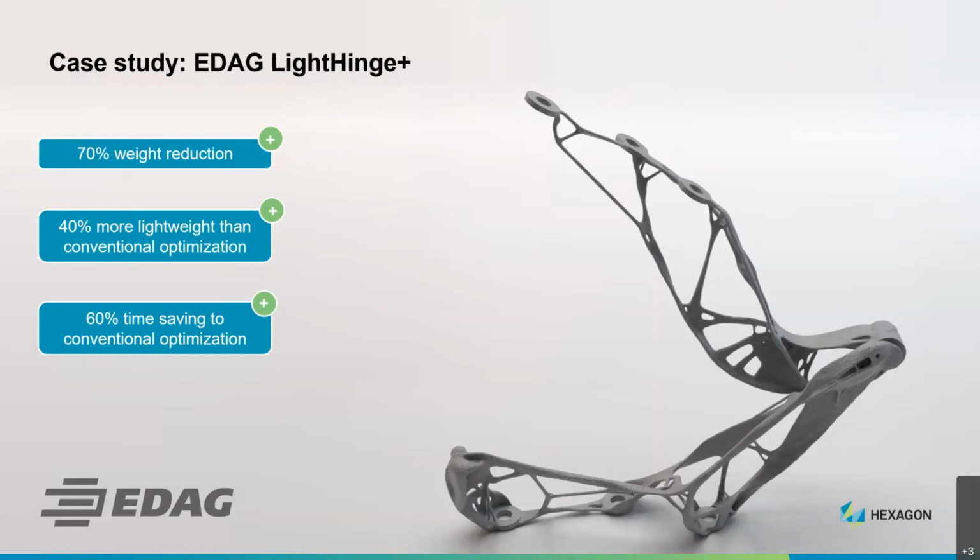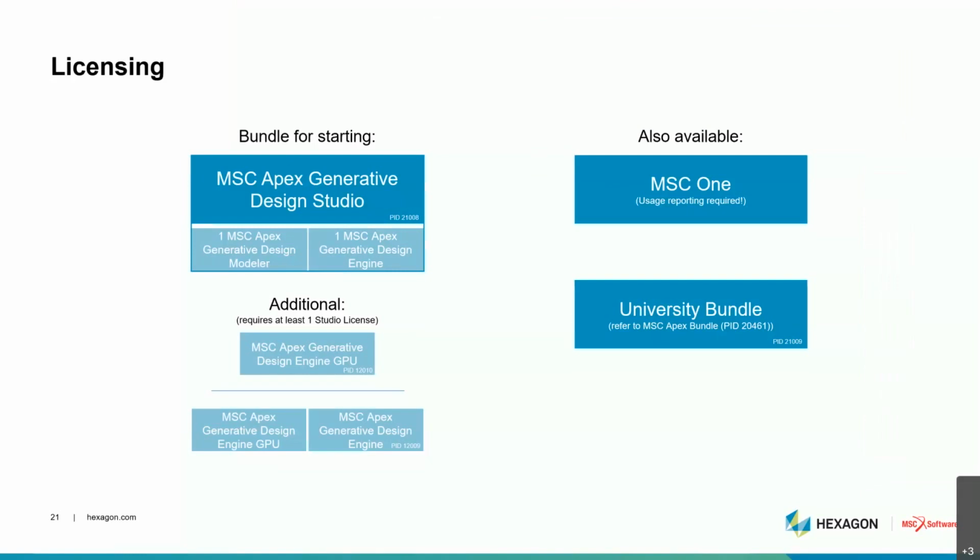So this is the last example, just to have a very short glimpse at licensing. We have built several bundles. You can start with the MSC Apex Generative Design Studio. This is everything you need, and you can work with it, set up models, run optimizations, post-process everything. You can get additional GPU licenses, so running the simulation on graphic cards, getting a big increase of speed, and we'll talk about that some slides later.